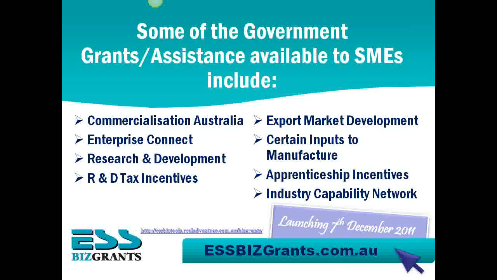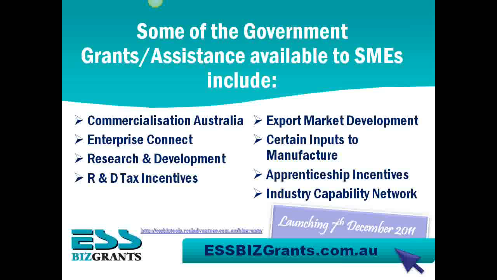Enterprise Connect has about 9 different streams of grants covering manufacturing industry, defence industry, clean energy areas, arts, and has a particular grant for remote locations. And it's an interesting one. If you have a client that operates within a remote location, and within the system we are going to have a reference map which will, once you have inserted the postcode of the client, be able to tell you whether the client is within either an outer regional area or a remote location.